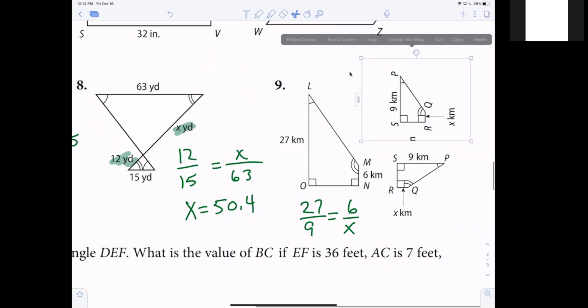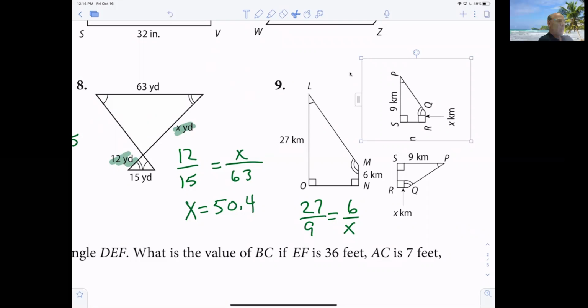But why isn't it x over 6? You can do x over 6, then you have to do 9 over 27. Oh, okay. Now look what Jolie taught us: flip the picture and you can see it better. Does that make sense? Yeah. All right.